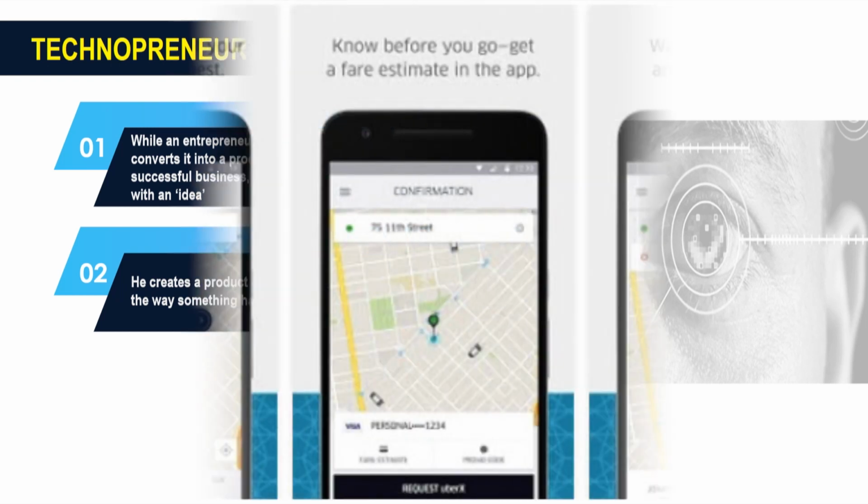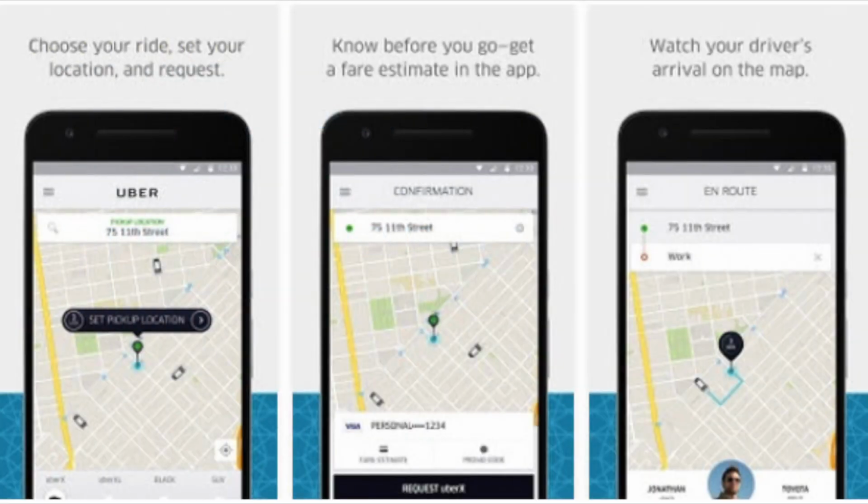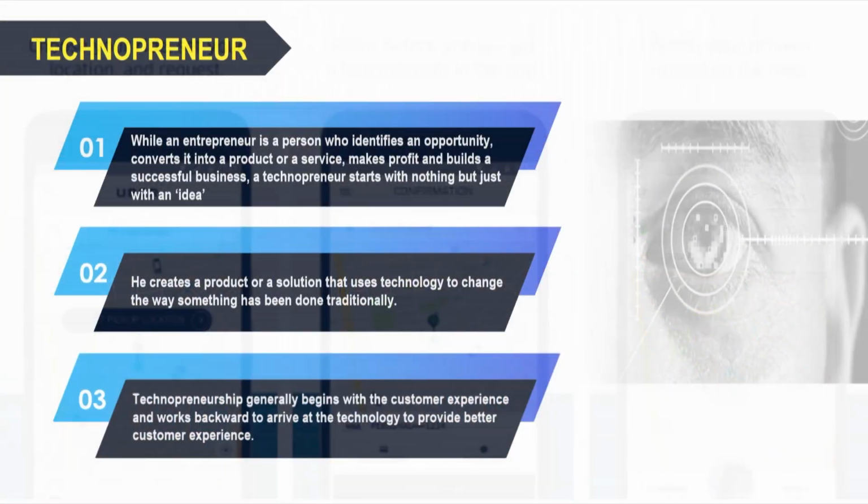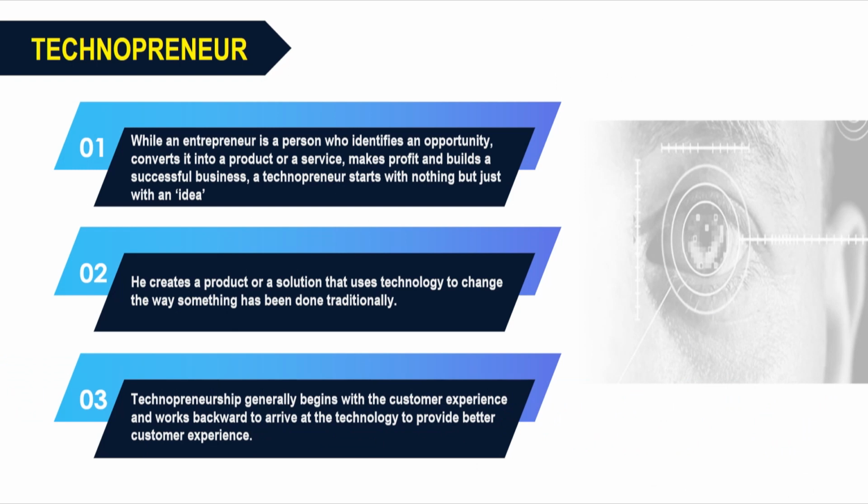For example, the founders of Uber got an idea of a different way to call a cab. So, they used the power of technology by building a GPS integrated app and completely changed the dynamics of the cab industry. Technopreneurship generally begins with the customer's experience and works backwards to arrive at the technology to provide a better customer experience.